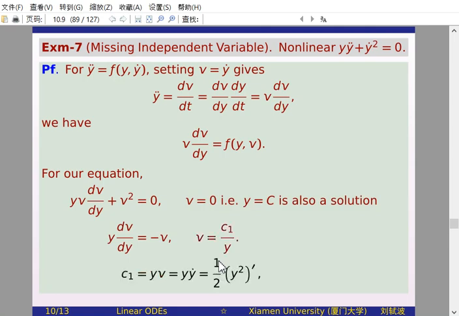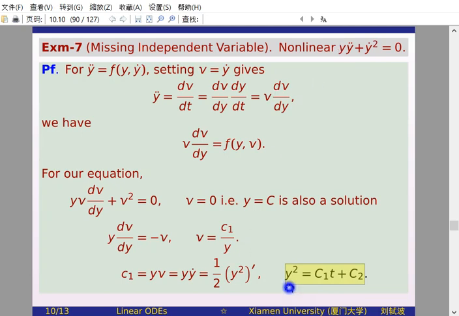So v is y prime. Therefore, C1 over y is y prime, so y y prime equals C1. Y y prime is half of the derivative of y square. So the derivative of y square is 2 C1. So y square is 2 C1 t plus C2, which we can write as C1 t plus C2 with a redefined constant. This is the solution of the equation we want to solve.